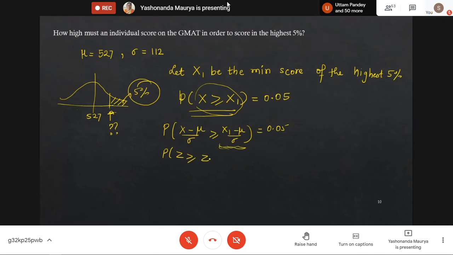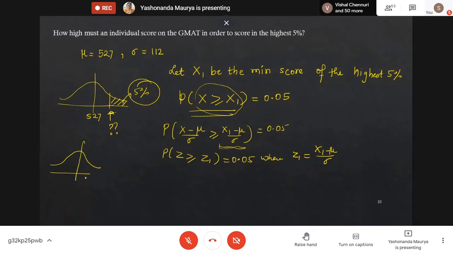So let me call this z1, where I have used z1 to denote x1 minus mu divided by sigma. Okay, so now if I am having the z curve, this is my point z1 and here this area turns out to be 0.05. So what should be the value of z over here? How do we do this?